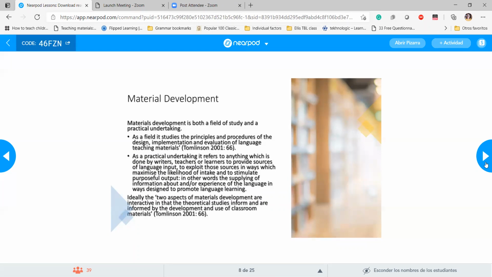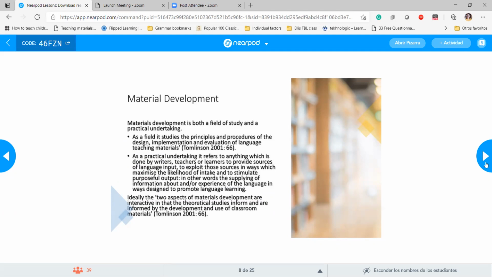Not only again to learn, right? Because to learn is just to take in, but also to make use of. So ideally, according to Tomlinson, two aspects of materials development are interactive. So yes, these two areas, they're different, they're separate, but they can be combined.